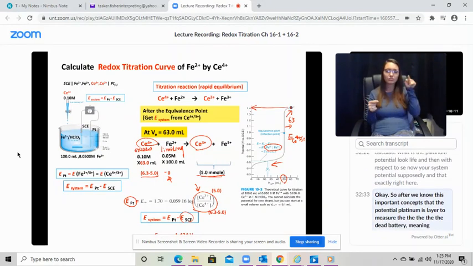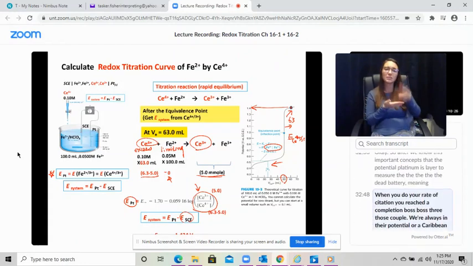Okay, so after we know these important concepts, that the potential of platinum is used to measure the redox potential, meaning when you do your redox titration and reach the equilibrium, both redox couples will always have their potentials equal.